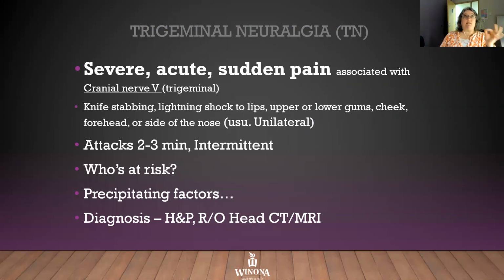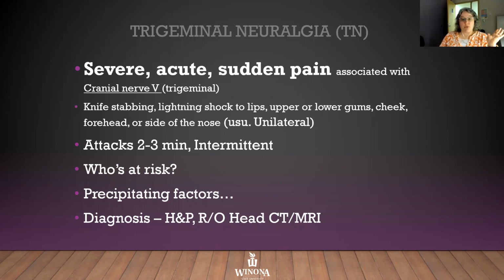People describe this pain as stabbing, like a lightning shock to the lips, upper and lower gums, cheek, forehead, perhaps the side of the nose. It's usually on one side, not both. It's just one side of the face, and the attacks will happen for about 2 to 3 minutes, and then they'll go away.